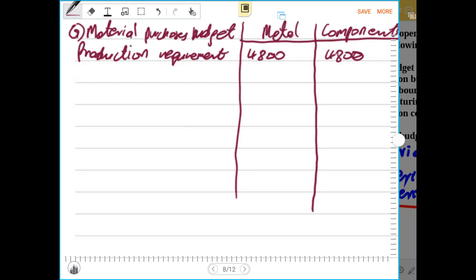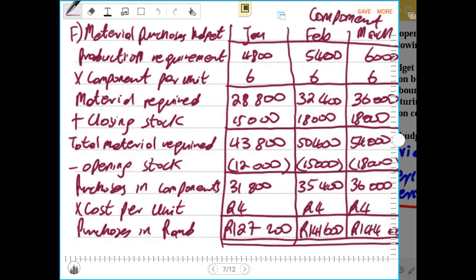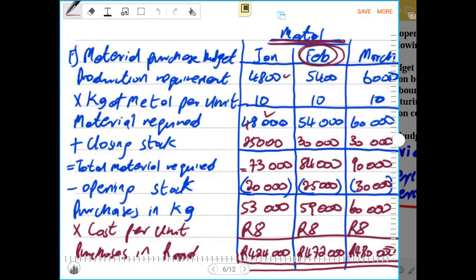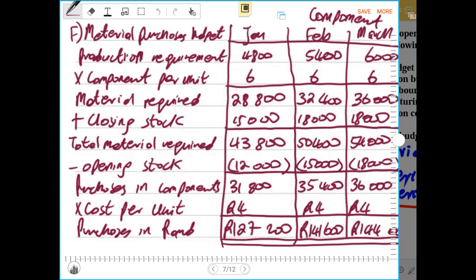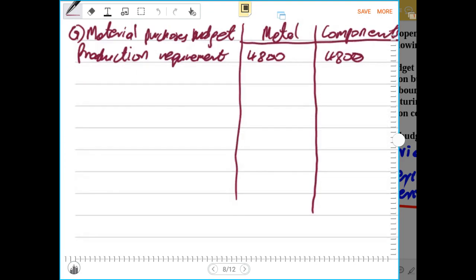In the previous ones, I did the material purchases budget for one material, metal, for 3 months, and for one material, components, for 3 months. Now I am only doing it for 1 month, the month of January, for both components.